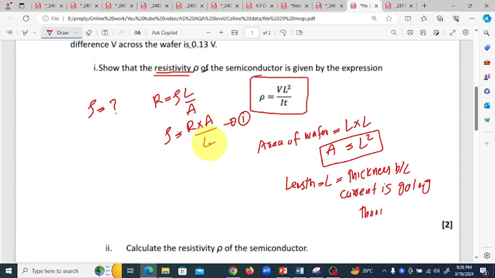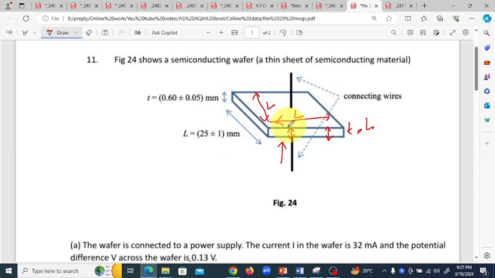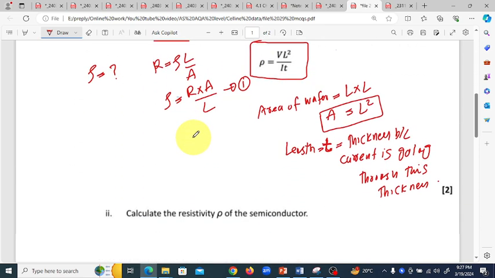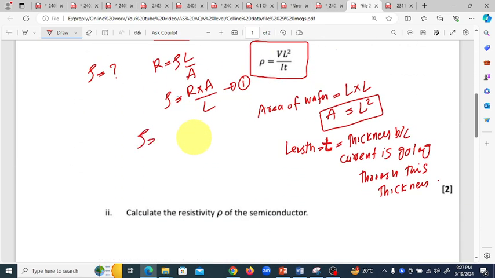Length is equal to T, the thickness, instead of L, because the current is going to pass through this thickness. So we replace in rho equal to R A: the area is L square, and the length is the thickness T.